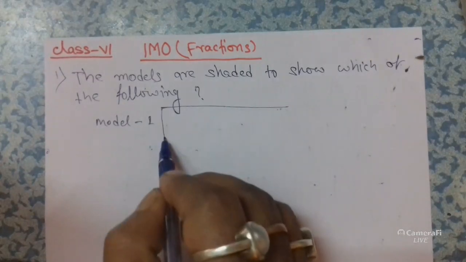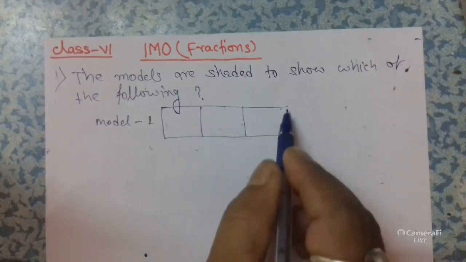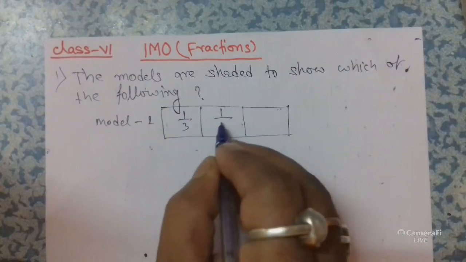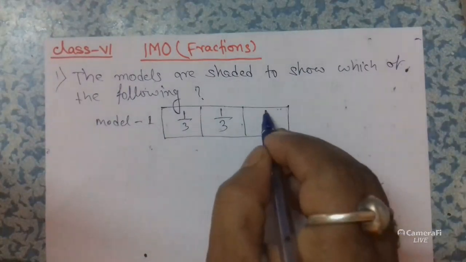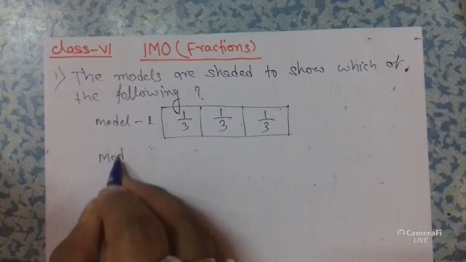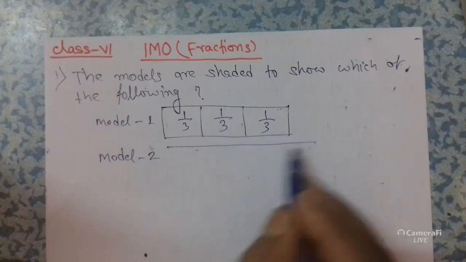There are three boxes and it is written 1 by 3, 1 by 3 and 1 by 3. And model 2, there are four boxes.